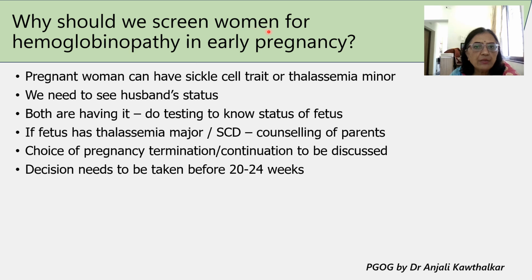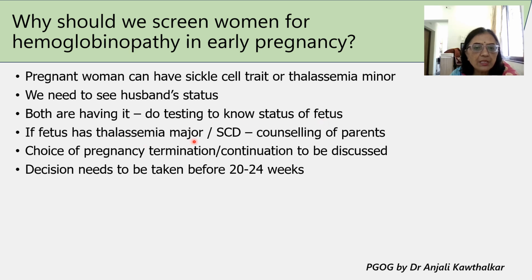Now, why should we screen women for hemoglobinopathy in early pregnancy, especially in areas where hemoglobinopathies are commonly observed? Pregnant women can have sickle cell trait or thalassemia minor. In that situation, we need to immediately check the husband's status. If both have sickle cell trait or, say, thalassemia minor, we need to do testing to know the status of the fetus.